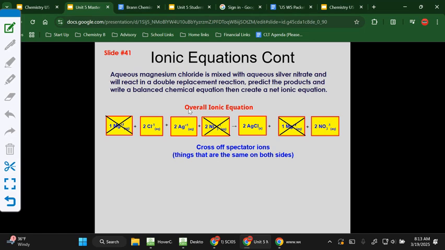The NO3. So in reality, ladies and gentlemen, this entire reaction comes down to this. Chlorine ions combined with silver ions to make silver chloride. That's the Spark Notes of this reaction, ladies and gentlemen. That is it boiled down into the lowest possible explanation.